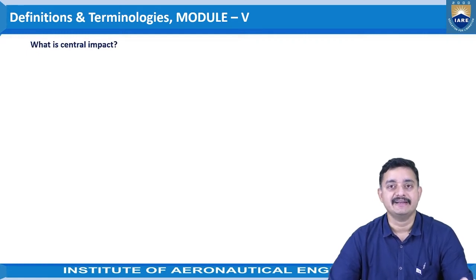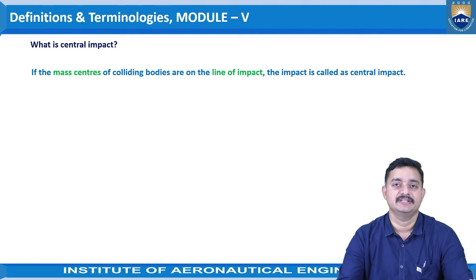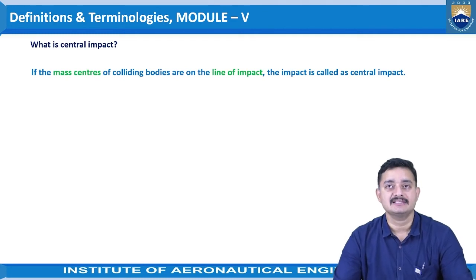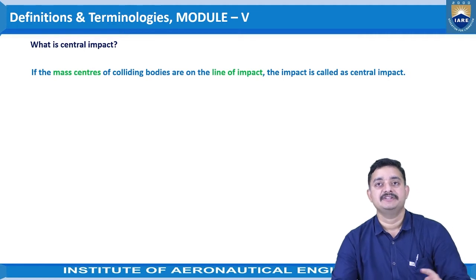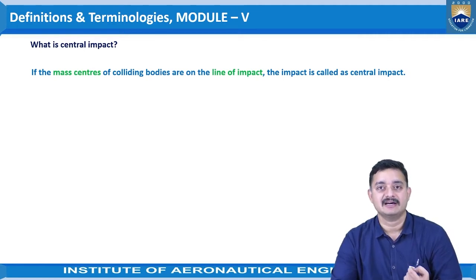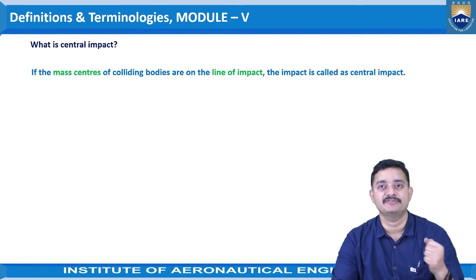Then what is central impact? The definition says, if the mass centers of colliding bodies are on the line of impact, the impact is called central impact. According to the definition, the line of impact passes through the centroids of the objects.